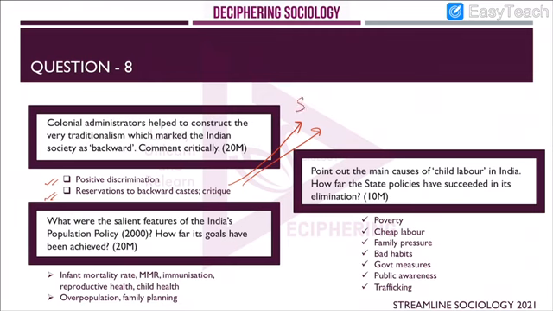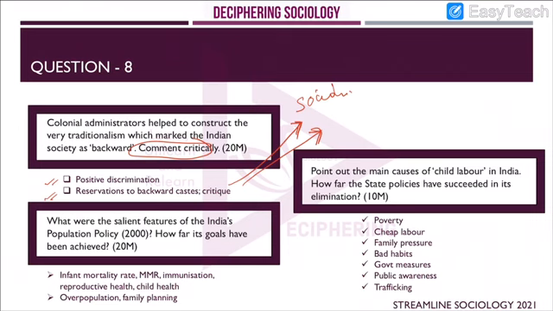The Britishers were in favor of reservations, so there were many sociologists who also favored reservations. But on the other hand, a few sociologists and thinkers opposed this reservation, and they wanted other alternatives to be given to these backward people. So when it is said that you have to comment critically, you have to write both the views.